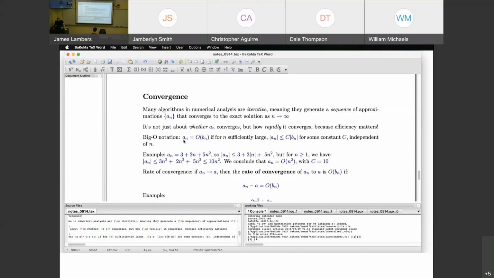So this sequence is big O of this sequence if it's possible, for n sufficiently large, to bound the first sequence by a constant times the second. So can you say, as n goes to infinity, that the two sequences are directly proportional to one another?